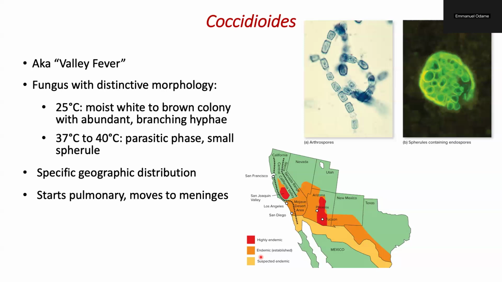It starts as pulmonary, and then finally it moves to the meninges, and kicks in with its true virulent nature. It's known to occur naturally in natural reservoirs.